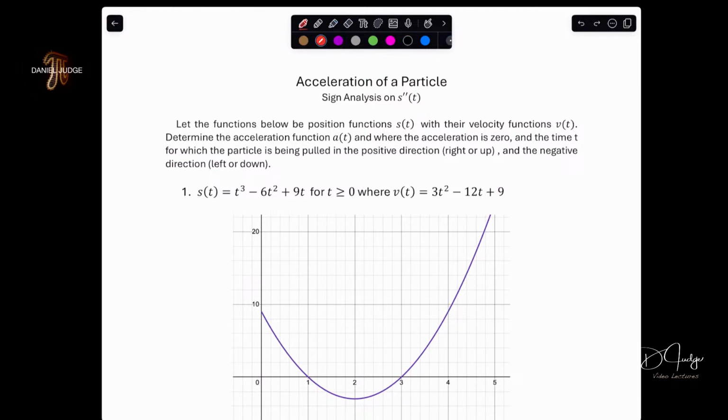Since force equals mass times acceleration, F equals ma, a force is a push or a pull.